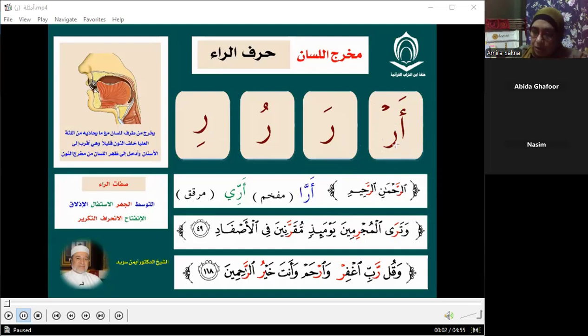As usual, inshallah, starting from here, I will leave you time to repeat after me. We are pronouncing the words which have the letter ra only, not the whole ayah, to concentrate upon the letter, unless all the ayah or the majority has the letter ra. So we are going to, inshallah, recite it.